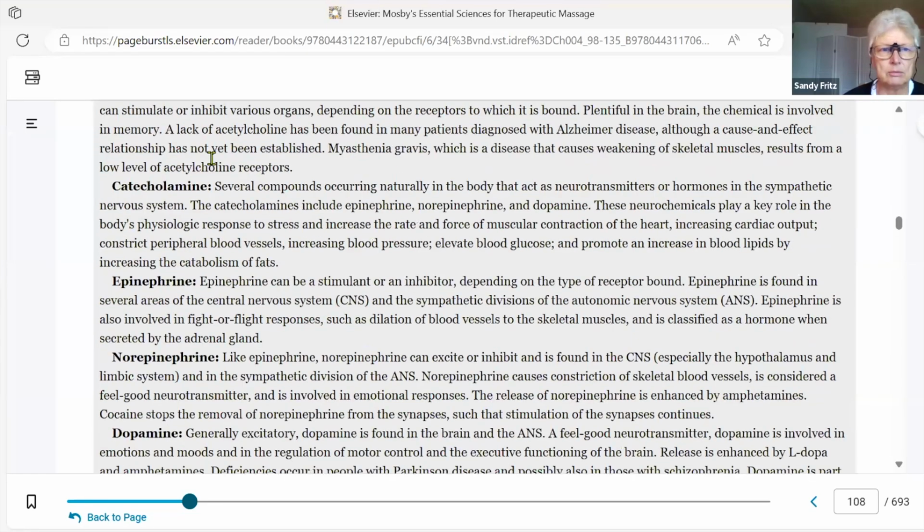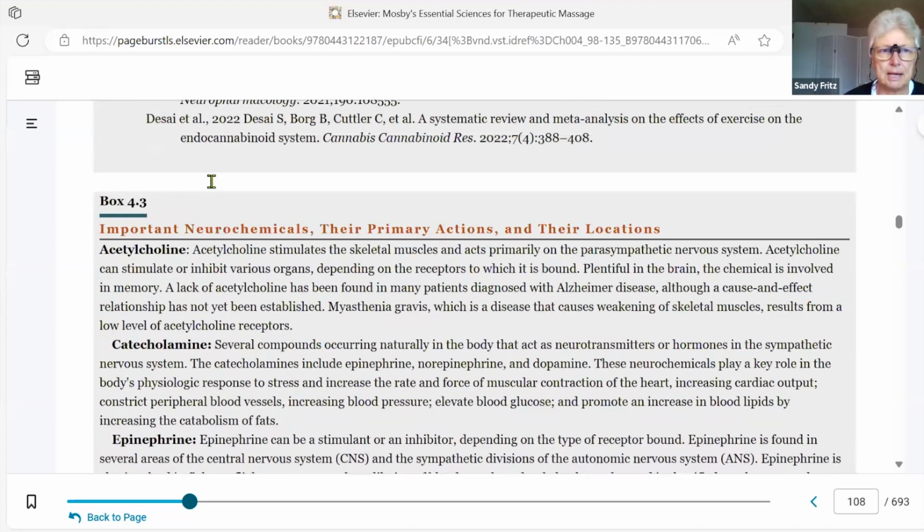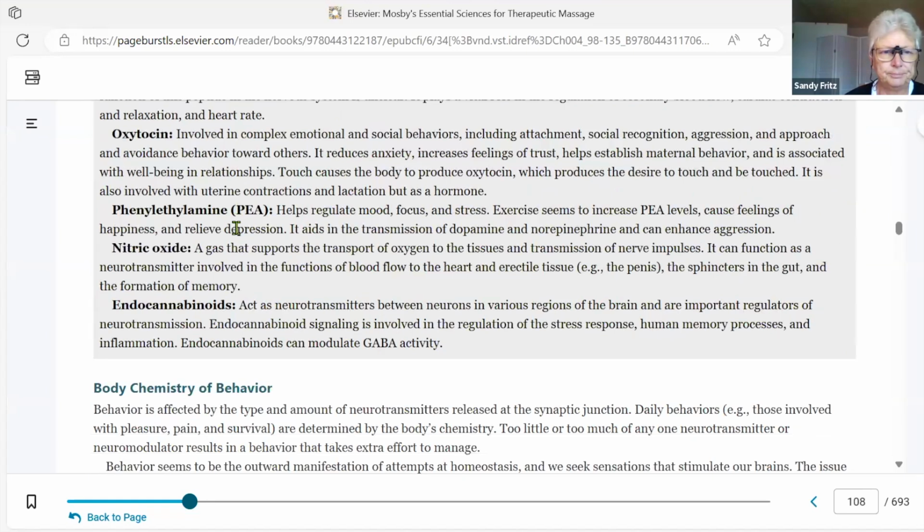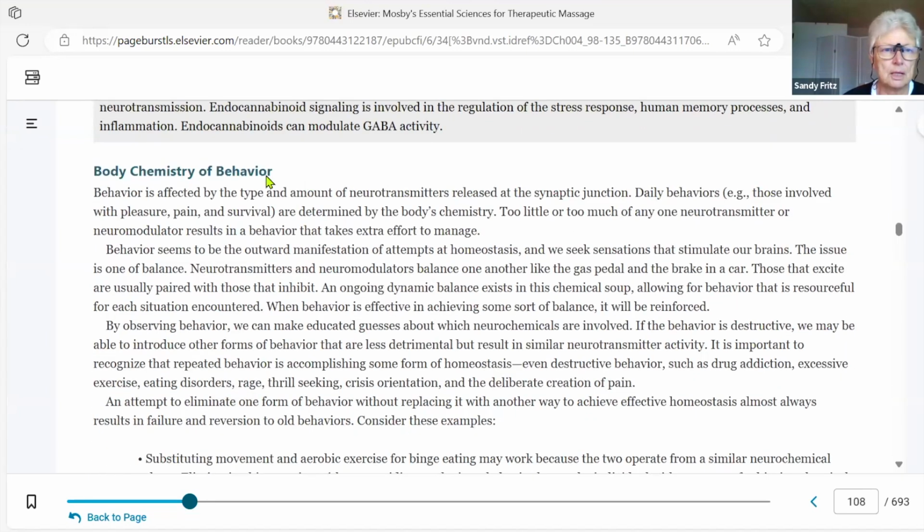So slow down and pay attention to this box. So this segment right here actually starts to make that connection between chemistry and behavior, body chemistry and behavior.